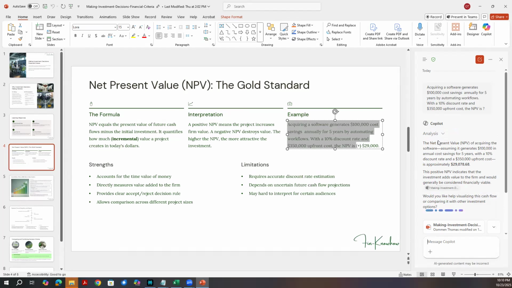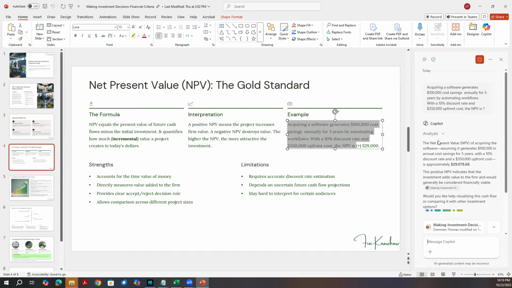What they're essentially saying is that that investment generates a positive NPV. The benefits of that investment exceed the cost, so it creates value. So just remember that when you talk about value creation, you're really talking about the net present value being positive.